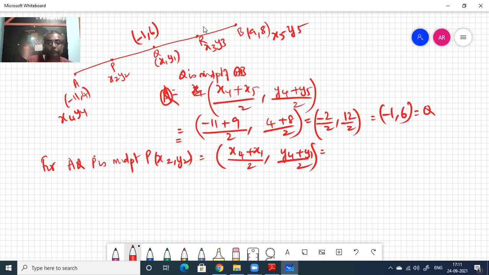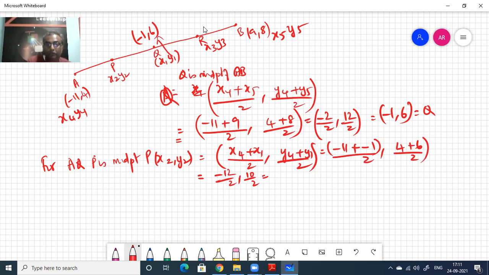That is equal to x4 is minus 11 again, plus x1 this time is minus 1, by 2, comma y4 is 4 plus y1 is 6, by 2. That is equal to minus 12 by 2, comma 10 by 2. That is equal to minus 6, comma 5. So P is minus 6, comma 5.